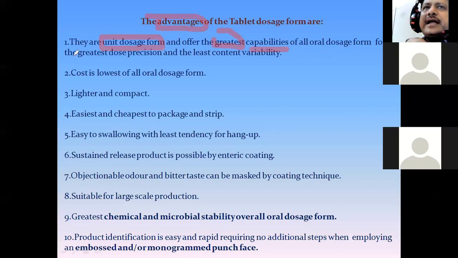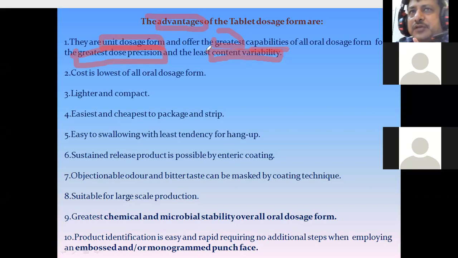So we get the greatest dose precision from the tablet dosage form, and the least content variability. Meaning if you have a 10 mg tablet or a 1 mg tablet, there will be the least content variability as compared with other dosage forms.